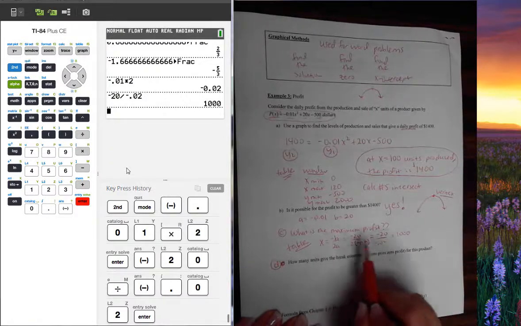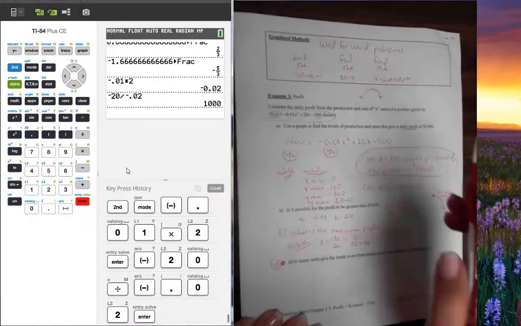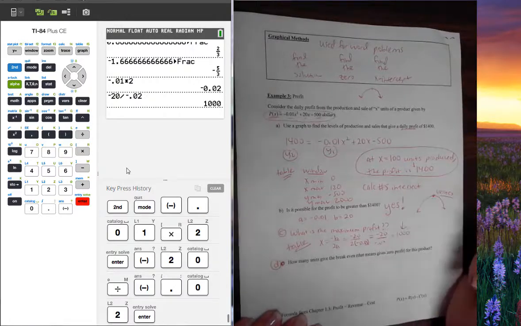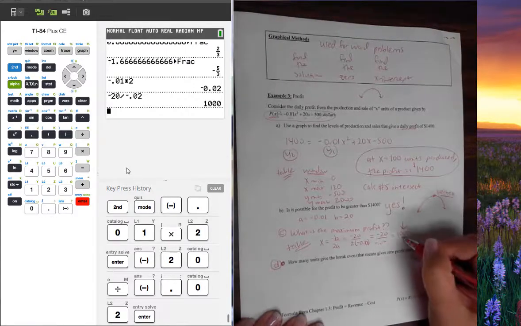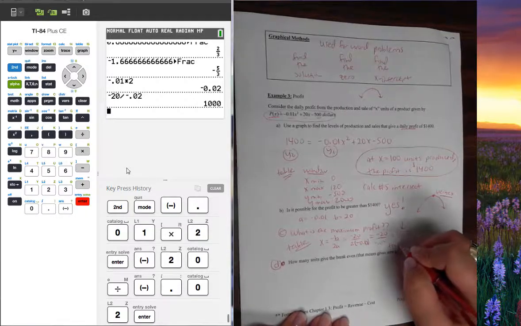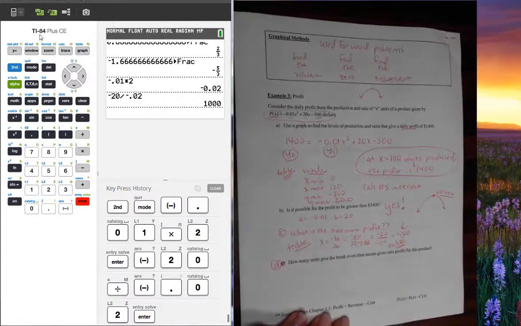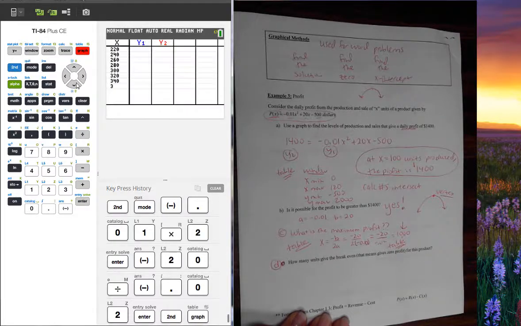So that's the x value of the vertex. So x represents the unit. So at 1,000 units, it reaches the maximum profit. So I can go in my table now and find that 1,000. Table to 1,000. And that will be my max.